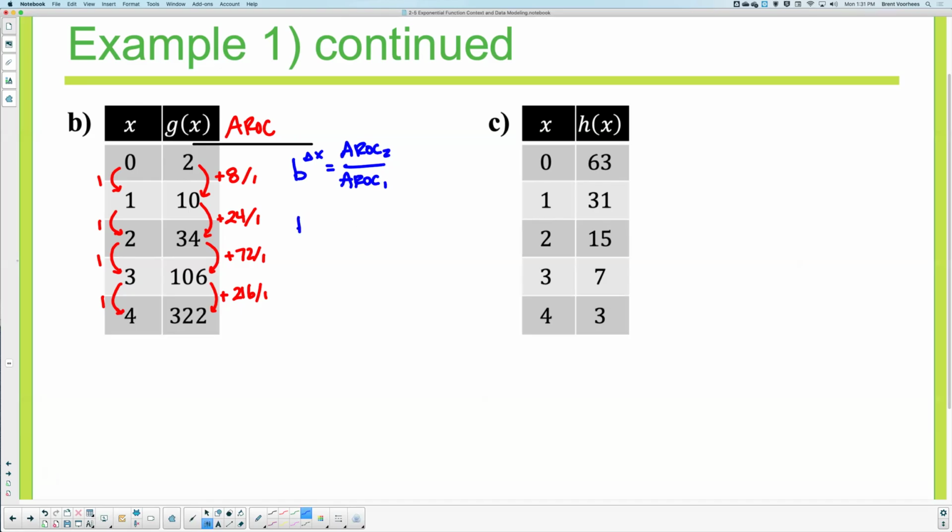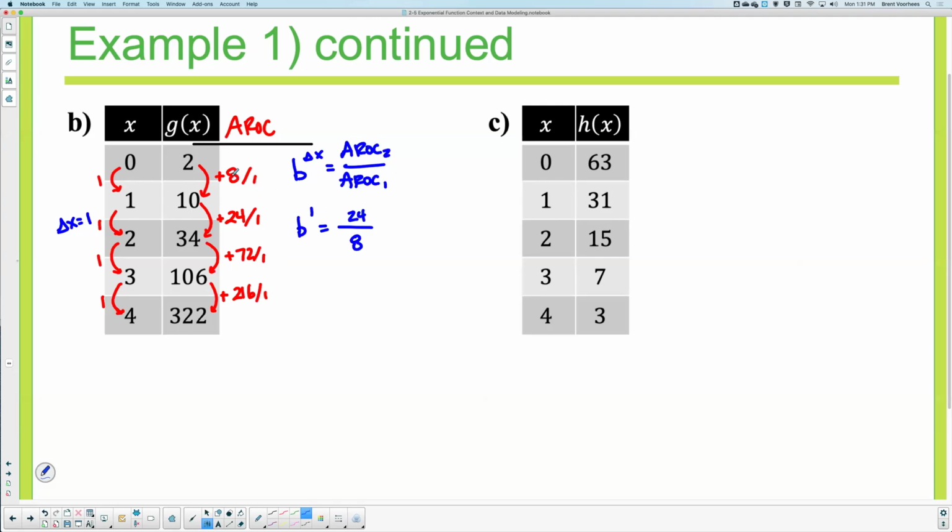What is my delta x? So it's b to the first power equals, what's our a rock 2? 24 divided by 8. By the way, whenever you're using this formula, don't actually divide.